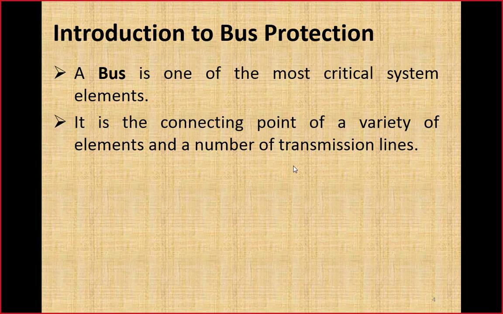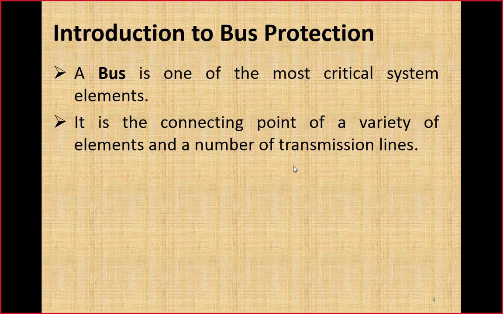So due to this reason, its importance is very high and its protection becomes even more challenging. The reason is that a short circuit fault on the bus will result in a huge amount of fault current, so detection and immediate clearance of the fault is required.